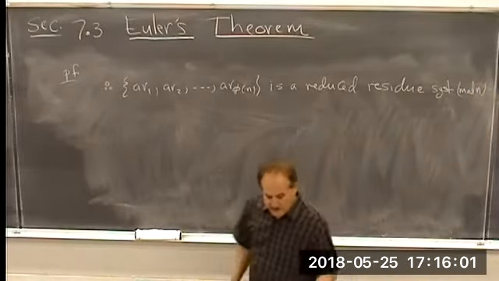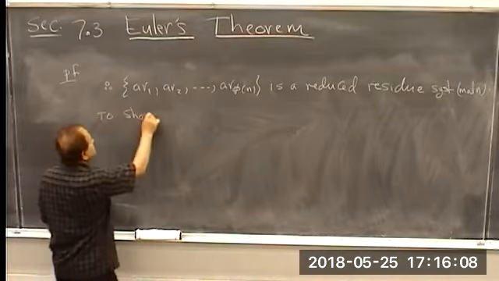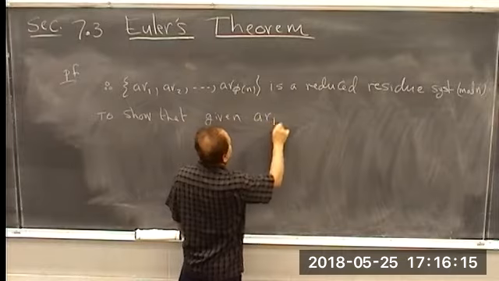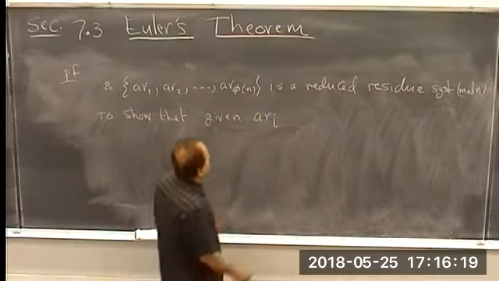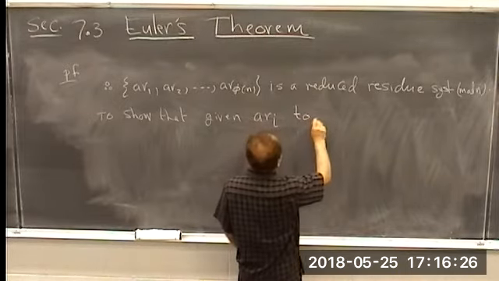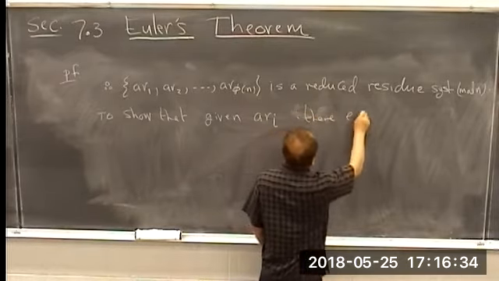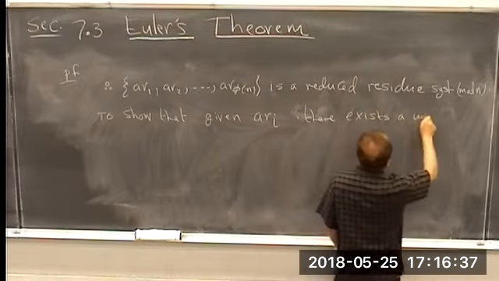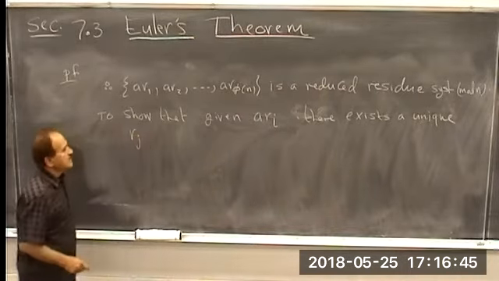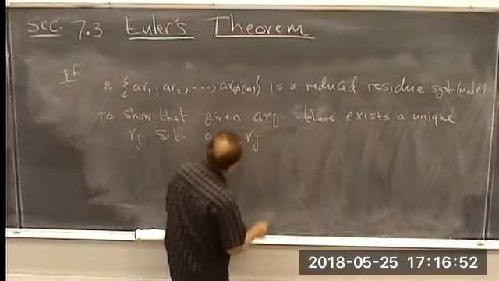Next, we want to show that given an a Ri, we need to find that there exists a unique Rj such that a Ri is congruent to Rj mod n.